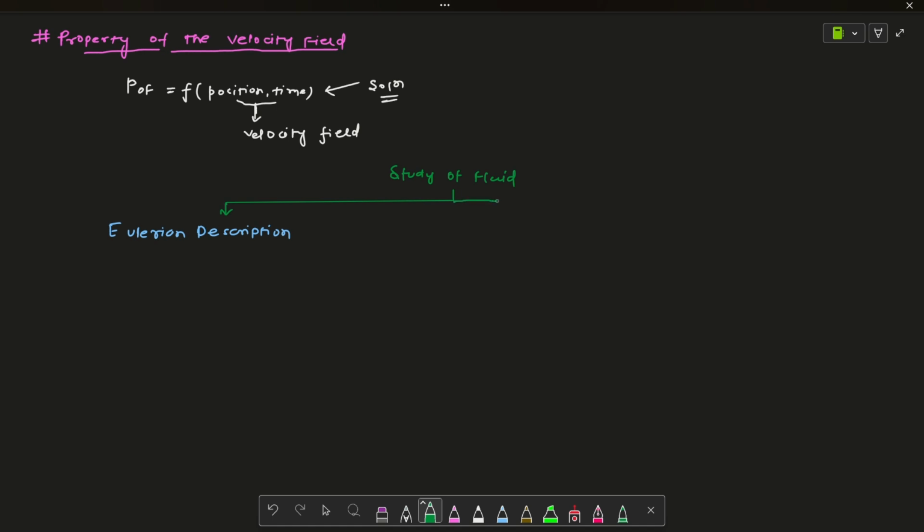The second method by which we will study is the Lagrangian description. So how are both different? Don't worry, I will explain these things with a beautiful example, so please be ready.